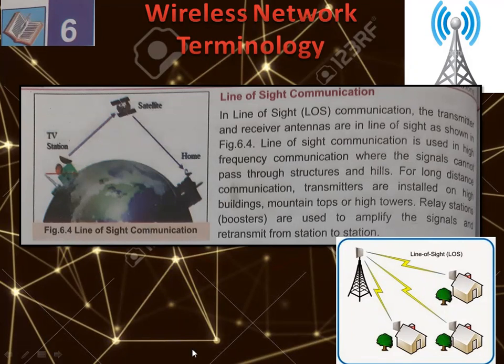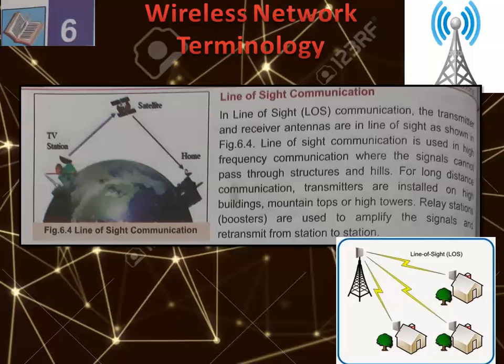Line of sight communication is used in high frequency communication where the signals cannot pass through structures and hills. For long distance communication, transmitters are installed on high buildings, mountain tops or high towers. Relay station boosters are used to amplify the signals and retransmit from station to station.